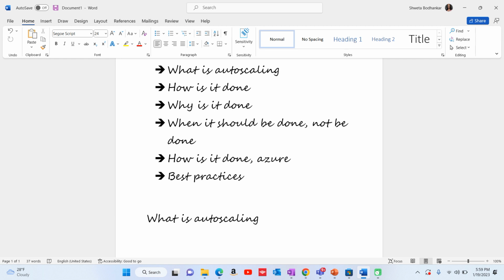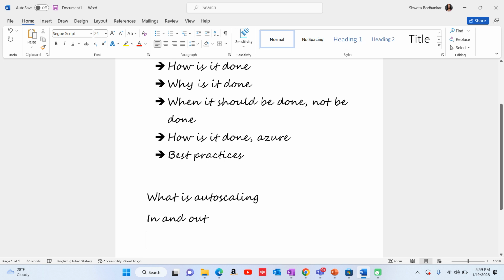So, in order to ensure that you are meeting the varying demand from the users, your different workload which is happening on your application, but still keep your costs at bay, then you will have to do auto scaling.